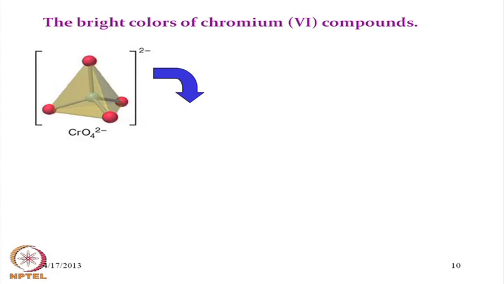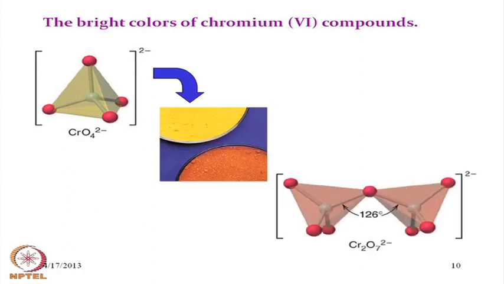These bright colors we get for these two species also. This is the chromate, which is typically bright yellow in color, and initially, when we did not know other colored species, we used these as very good pigments. Similarly, this is dichromate, a very useful analytical reagent for oxidation reactions, because it is a very strong oxidizing agent. This is a mild oxidizing agent.